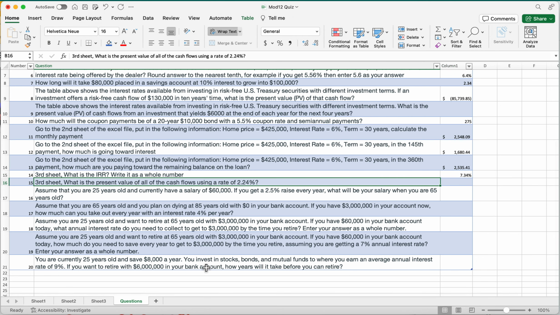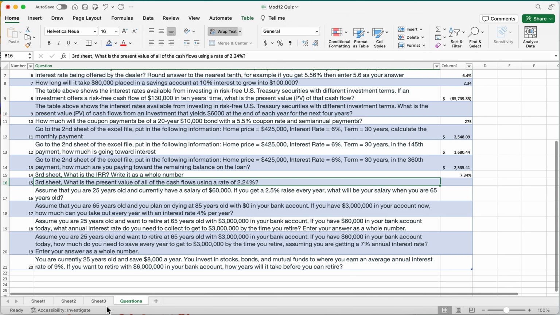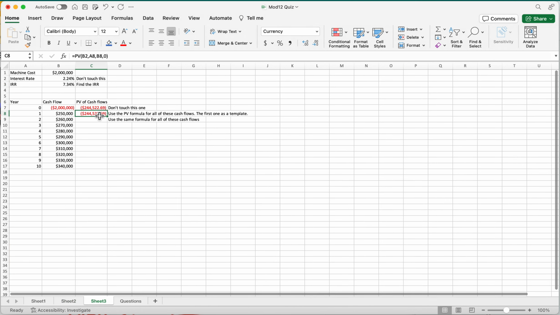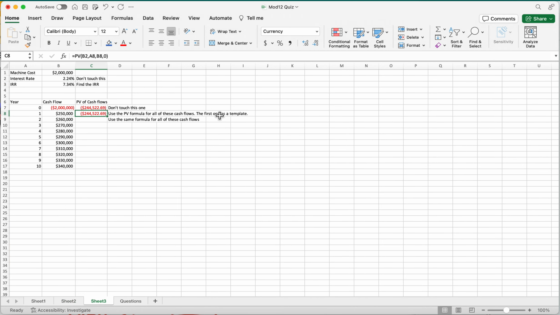What is the present value of all the cash flows using a 2.24%? So basically what happens here is you need to use the present value formula for all these cash flows. You need to make sure that you're using present value, this interest rate, this year, and this cash flow.